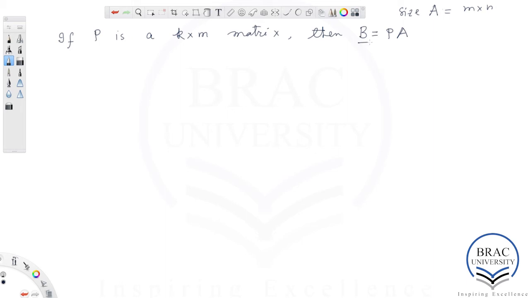So the size of this matrix is k times n.